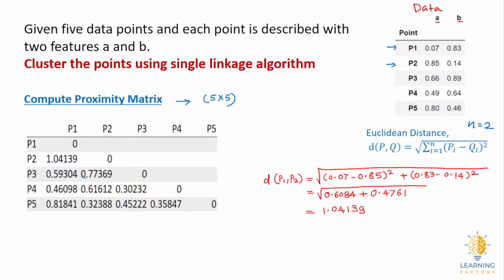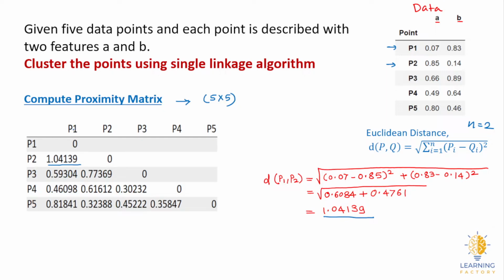We are not going to fill up the entire matrix, but only the half portion below the diagonal. So the distance between P1 and P2 is computed as 1.04139, and we write that here.